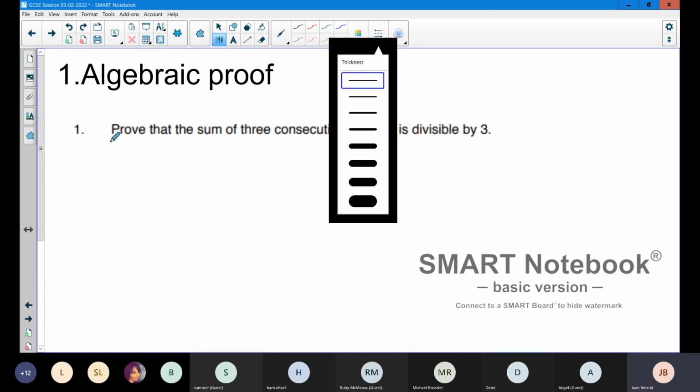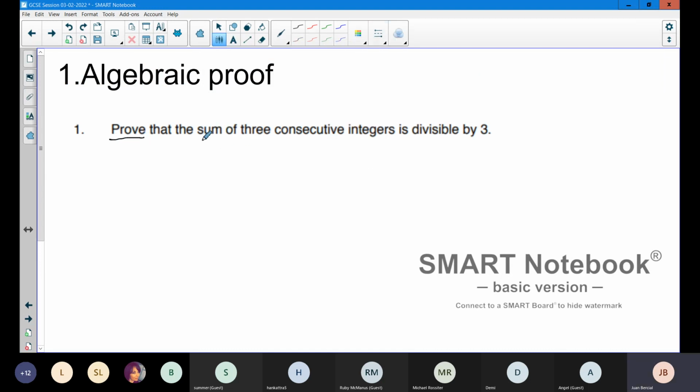We have to prove that the sum of three consecutive integers is divisible by 3. Anything divisible by 3 looks like 3m, with m an integer. Basically, divisible by 3 means it is in the 3 times table.